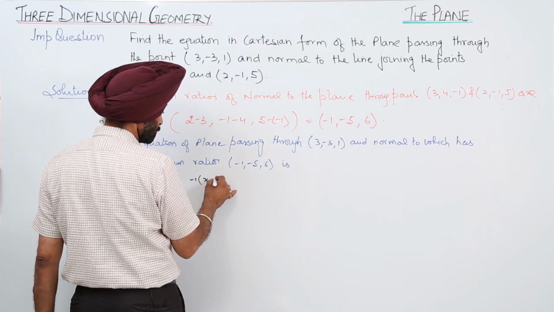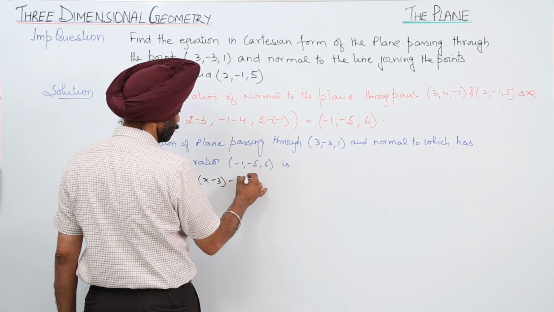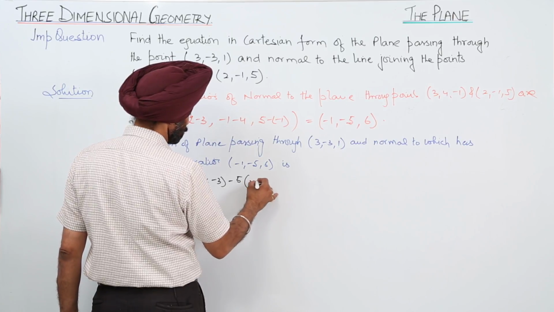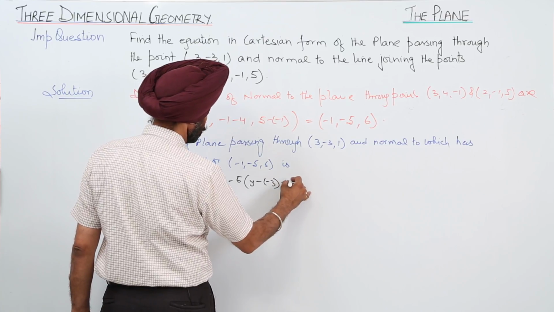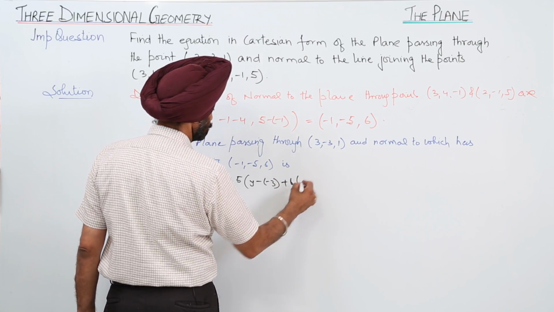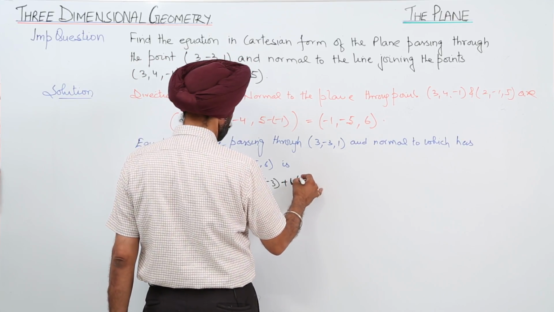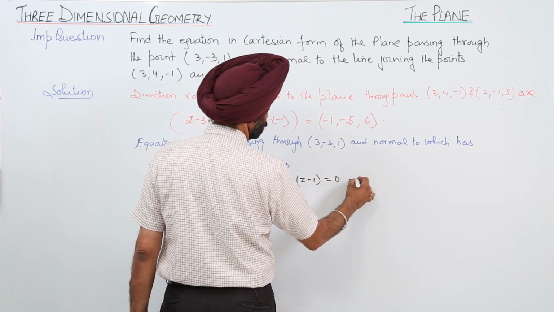So, -1 times (x minus 3), -5 times (y plus 3), plus 6 times (z minus 1) is equal to 0.